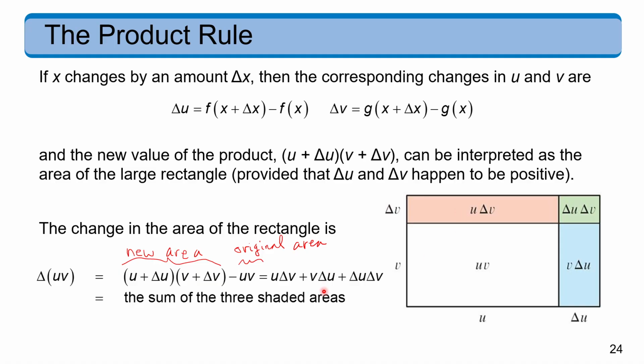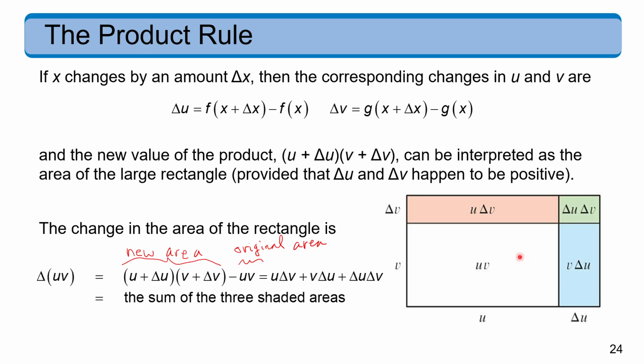This product, v delta u, is this area, right? Because this height is v from over here, and this distance here is delta u. And then the third term here is delta u delta v. That's this rectangle, because of the dimensions here, delta u, and that dimension is delta v.